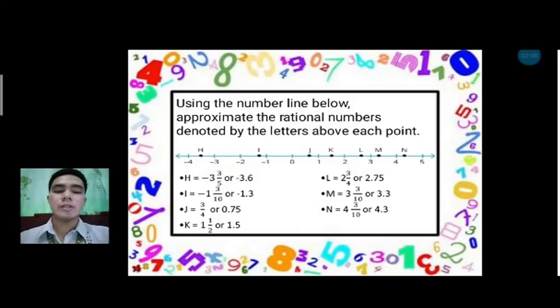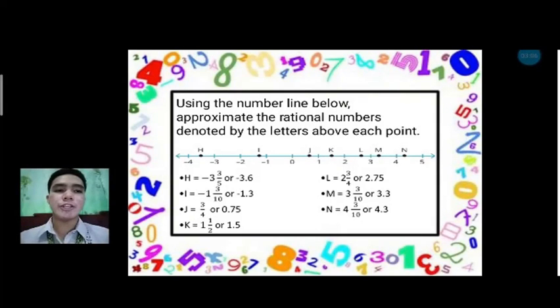So point H is negative 3.6 or negative 3 and 3 over 5 in fraction. Point I is less than halfway between negative 1 and negative 2, so it is approximately negative 1.3 or negative 1 and 3 over 10.